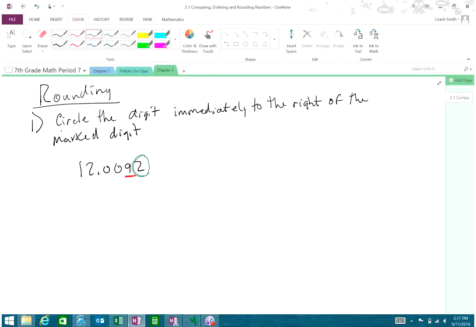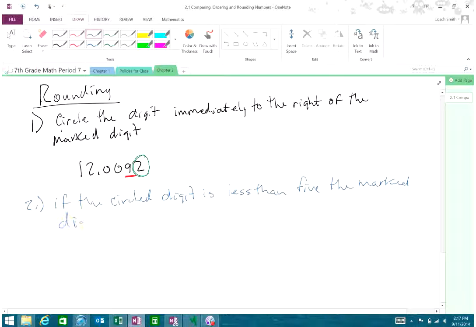Okay, now, step number 2. If the circled digit is less than 5, the marked digit stays the same.